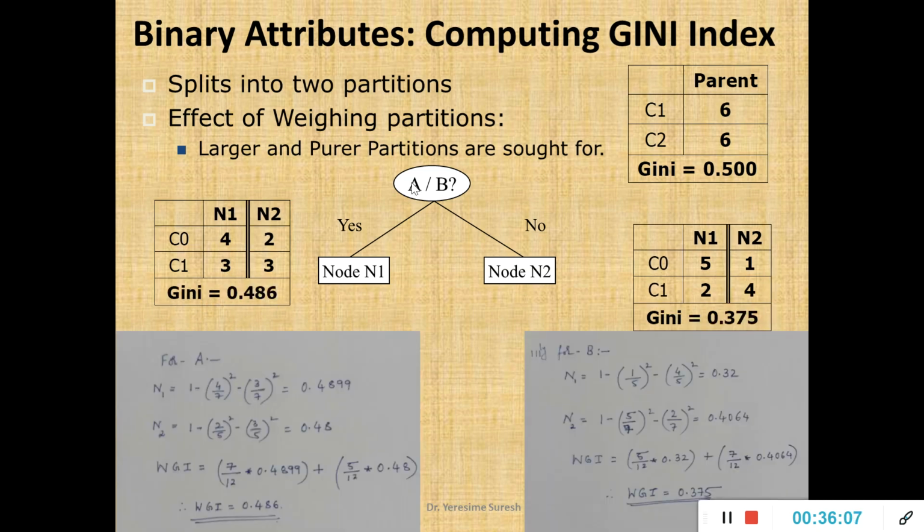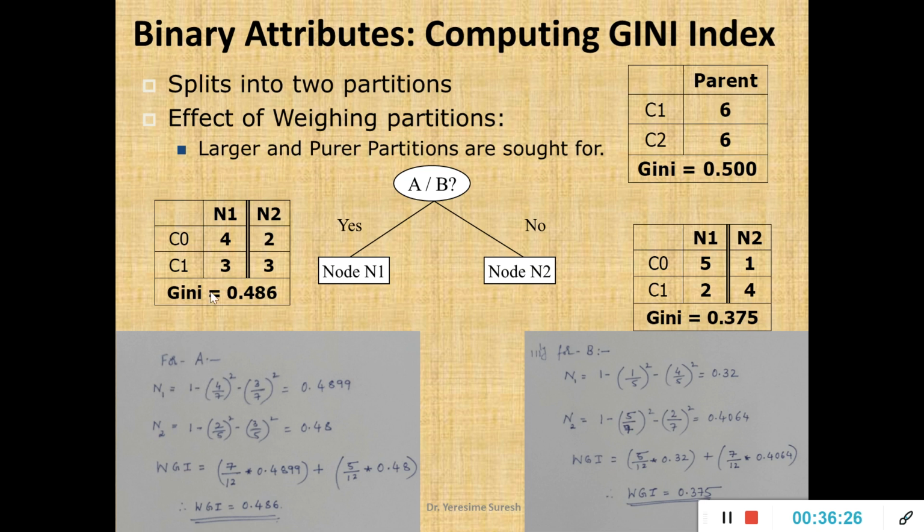We'll see the process. First I'll find the weighted Gini index for the split A. I'll take node 1. Gini index is 1 minus (P of J divided by T) whole square, the probability value.